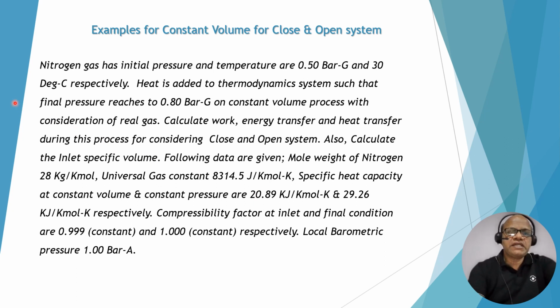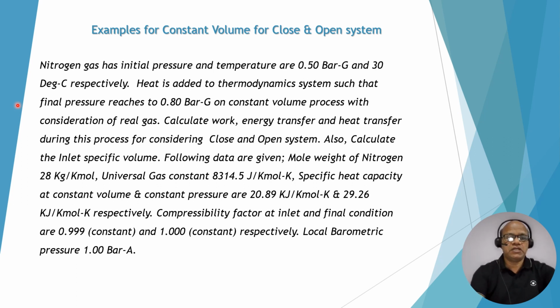Now let us understand with an example for constant volume process for closed and open system. Nitrogen gas has initial pressure and temperature of 0.5 bar gauge and 30 degrees Celsius respectively. Heat is added to the thermodynamic system such that the final pressure reaches 0.8 bar gauge on a constant volume process. With the consideration of real gas, calculate work, energy transfer and heat transfer during this process considering the closed and open system.